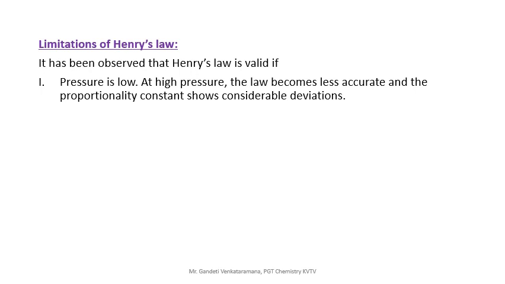At a high pressure, the law becomes less accurate. That means the law deviates, and the proportionality constant shows considerable deviations. So low pressure is the good condition for Henry's law. Otherwise, it deviates.